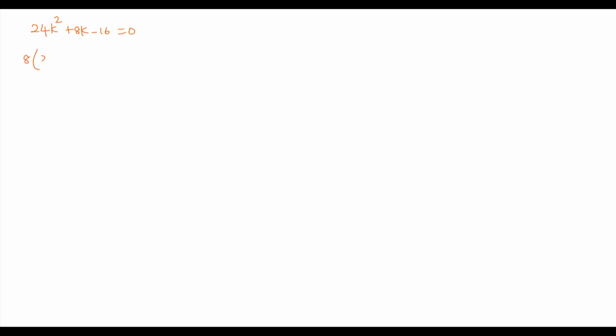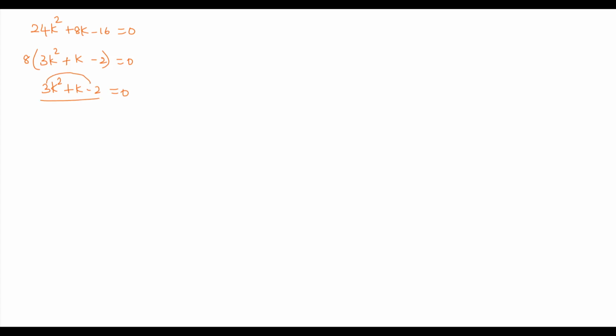Taking 8 common, this becomes 3k square, and from 8k if you take 8 common it is k, and from 16 it is 2, which is equated to 0. Therefore you are left with 3k square plus k minus 2, which is again equated to 0. Now using the splitting method we will solve this.